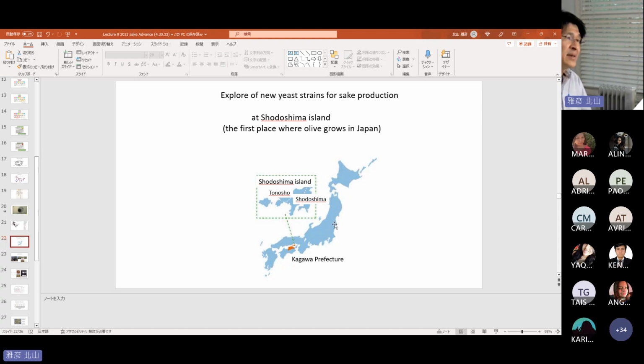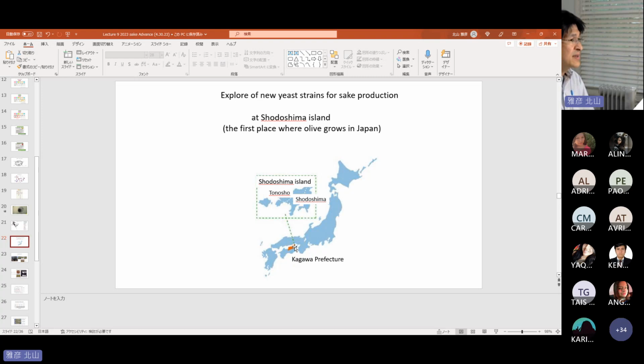They tried three different locations for olive growth, and this small island was the only location where the government succeeded. So olives survived during the winter.